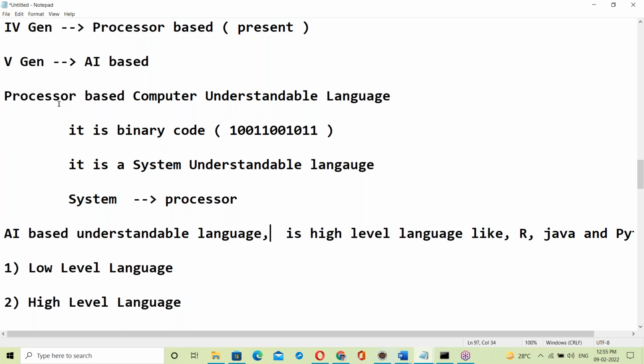So the fourth generation, processor based, uses machine language. The fifth generation, AI based, uses high level language.